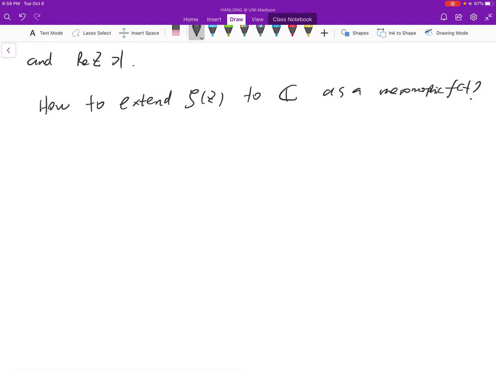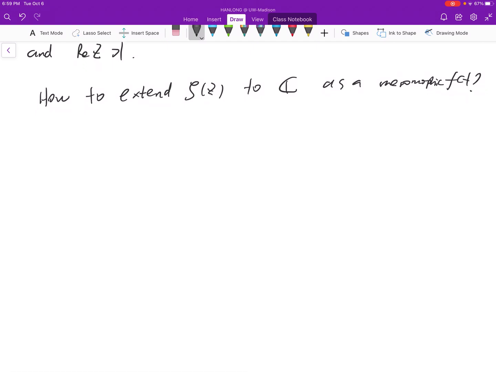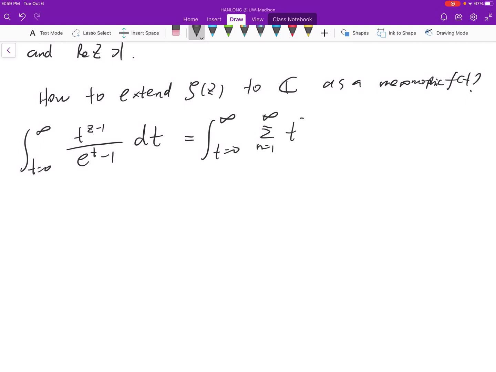And then if you think about what we did for the gamma function, probably we need to have some integral representation. Those are done by Riemann himself. So let's consider the following integral. Of course you can expand it to a summation from n equals 1 to infinity of t^(z-1) exponential negative nt dt.